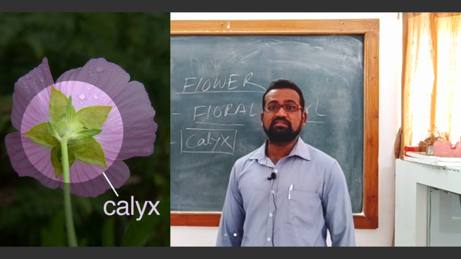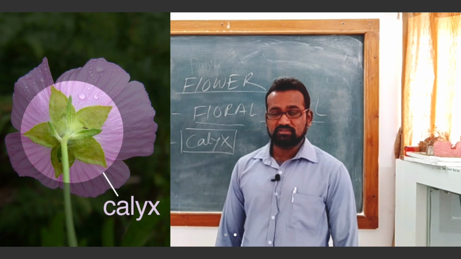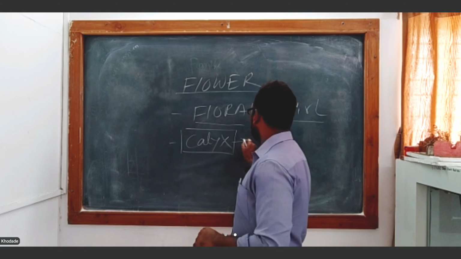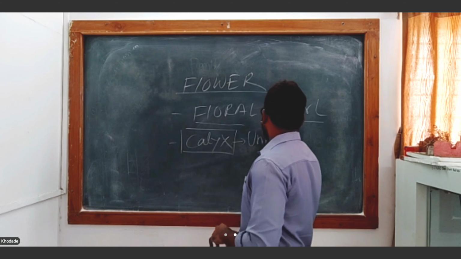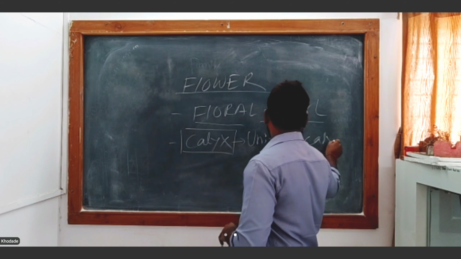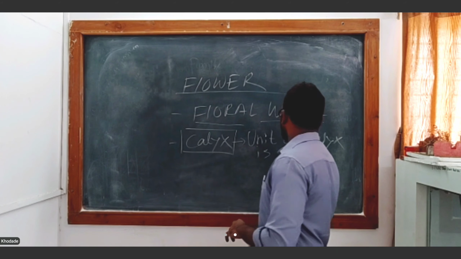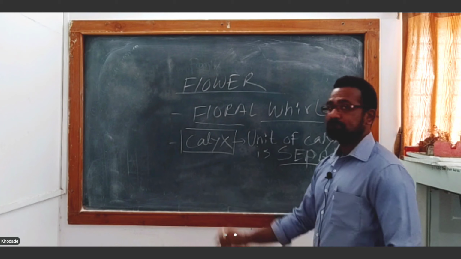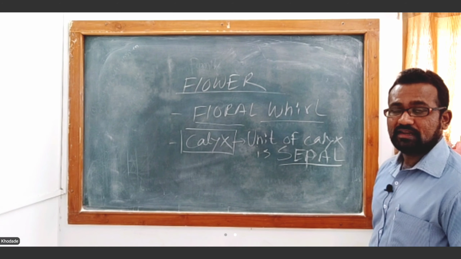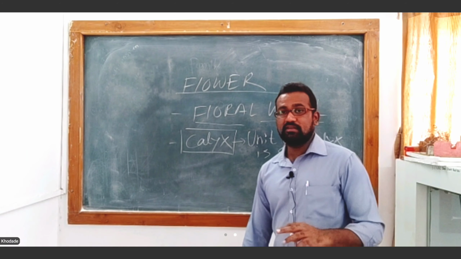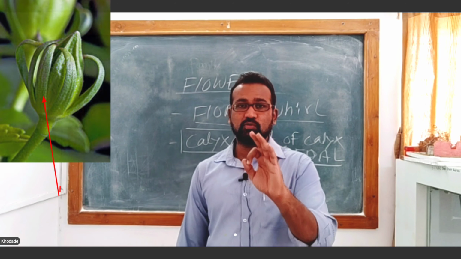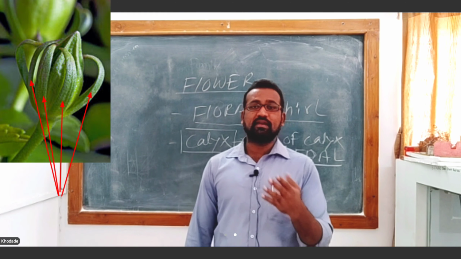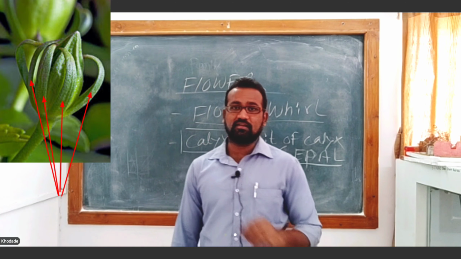Then the question will arise, what is a sepal? A sepal is a unit of calyx. I have written here: the unit of calyx is a sepal. What I mean is that if you separate the calyx aside, you will find many sepals present there.